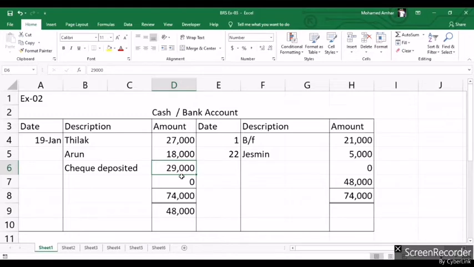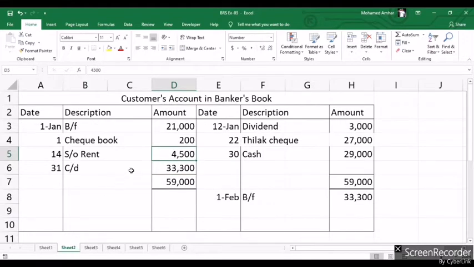But only one check realized on 22nd, so the other check is an unrealized check. Only Tilak's check 27,000 is realized.